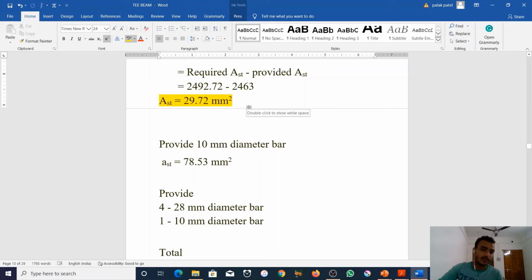For the extra 29.72 mm square, we provide a 10 mm diameter bar. A 10 mm diameter bar has an area of 78.53 mm square.